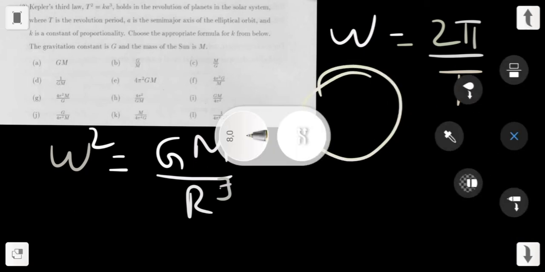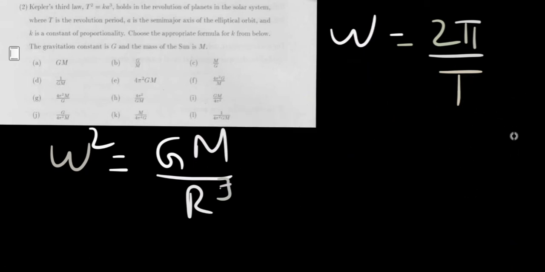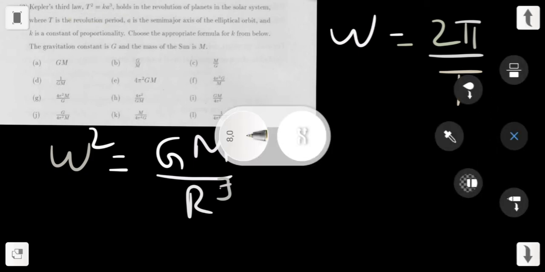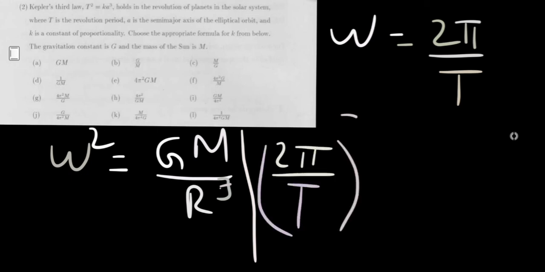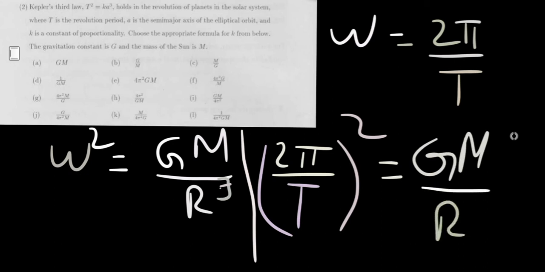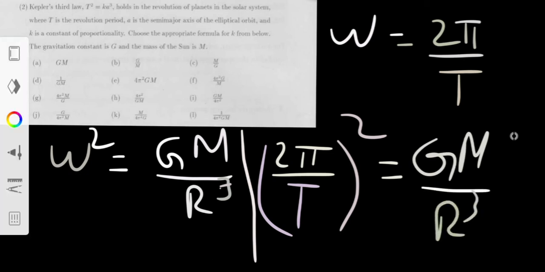So from here we are going to find the period, right? You need to remember that your goal is this part over here. So 2 pi divided by T squared is equal to GM divided by r cubed.